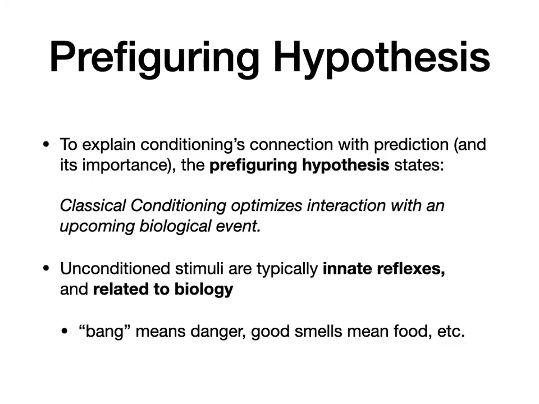So, we can talk about the prefiguring hypothesis. This is an attempt to try to explain conditioning's connection with prediction, right? So what it states is, classical conditioning optimizes interaction with an upcoming biological event. So unconditioned stimuli are typically innate reflexes related to biology, right? The bang means danger, good smells mean food, knock on my knee means react, right?